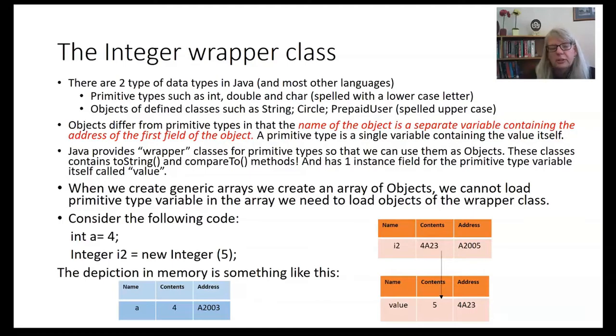But objects are not primitive types. They have a major difference, and the difference is that red sentence on this slide. The name of the object is a separate variable containing the address of the first field of the object. So the name is not really a value. It is a value, but it's a value of an address.